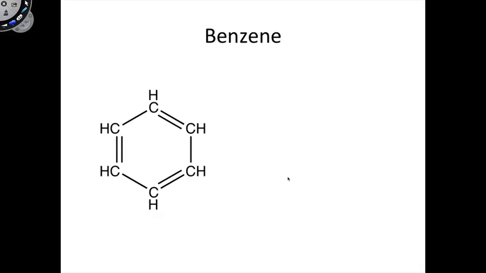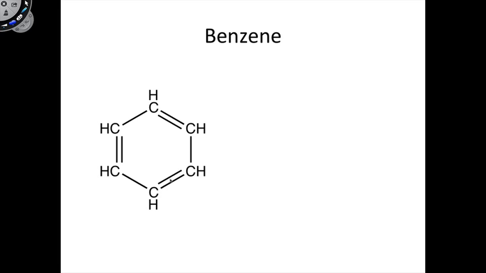Now you may recall from class and from the readings from Chem 1, Chem 2, benzene is this special molecule. It has these 6 carbon atoms in a ring and has these alternating double and single bonds. And what was discovered about benzene is even though normally we expect, say, in ethane and ethylene that single bonds are longer than double bonds, what's observed is that all of these bonds are the exact same length.